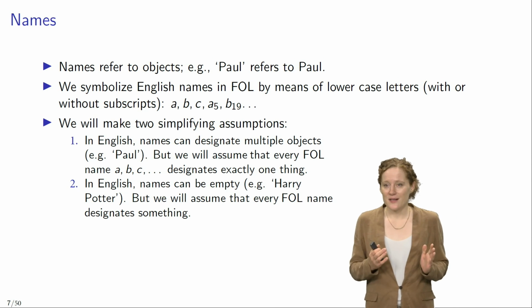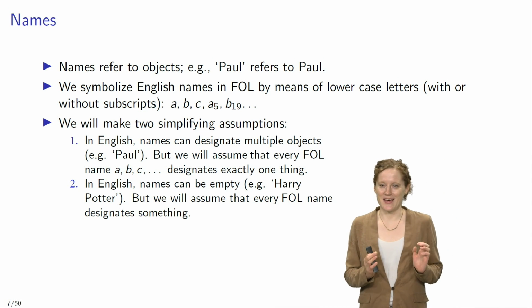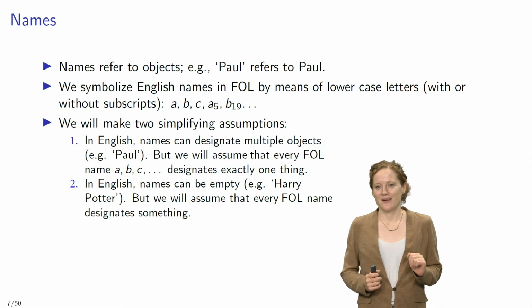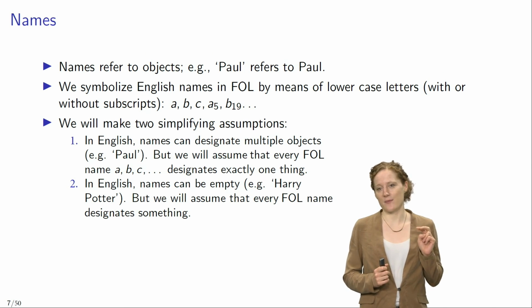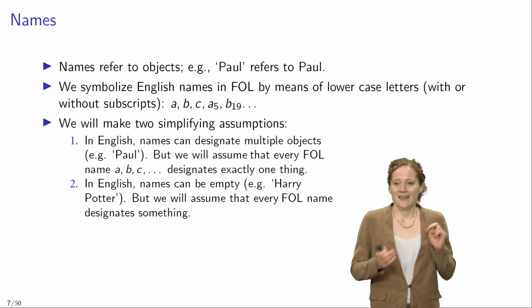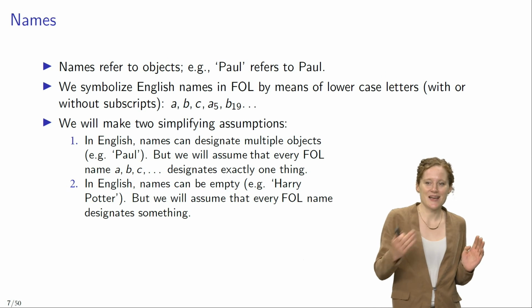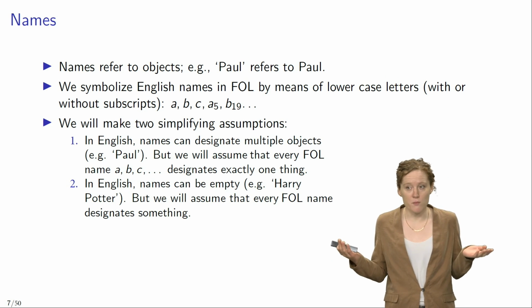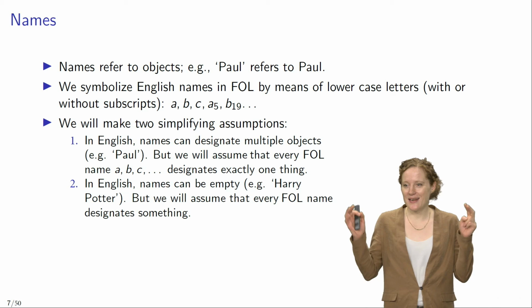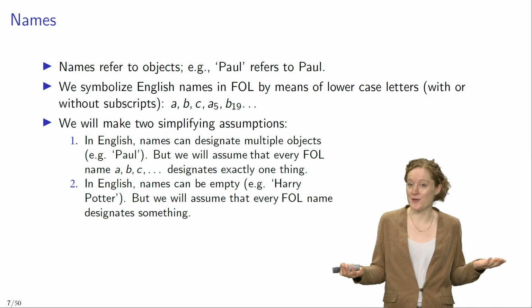Now, FOL simplifies certain aspects of English. And here I want to emphasize two simplifying assumptions that we are making. In English, names can designate multiple objects. So for example, you may know more than one Paul. So the name Paul may refer to more than one person.